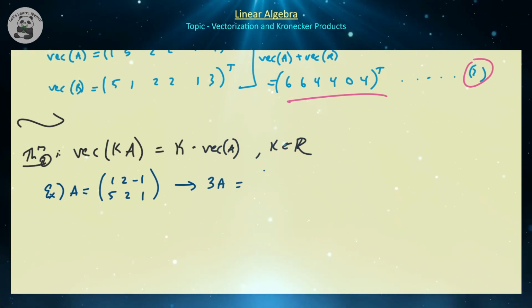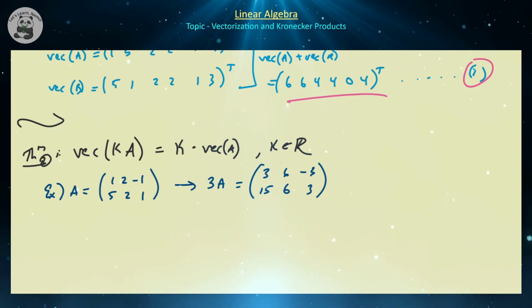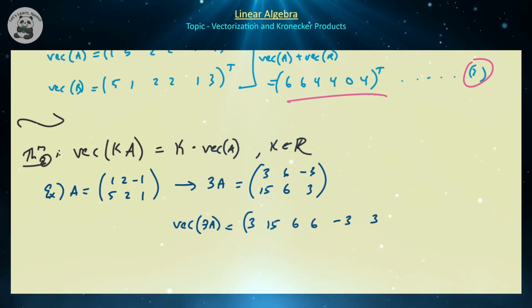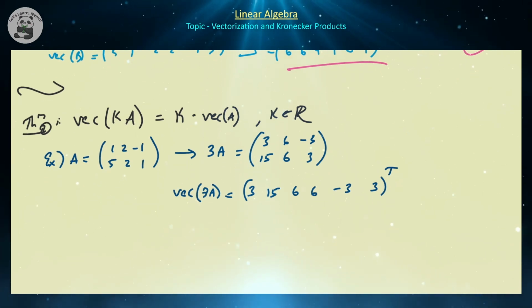So that's going to be equal to 3 times 5 is 15. 3 times 2 is 6. 6, minus 3 and 3. And let's vectorize 3A. So that's going to be equal to 3, 15, 6, 6, minus 3 and 3. And now what we want to do is vectorize A, because this is the first thing we need to compare to.